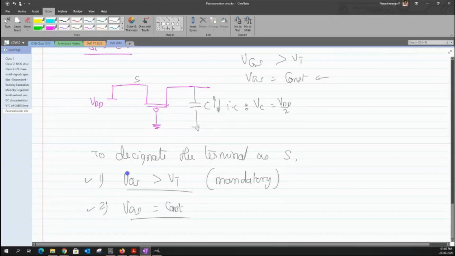Here I have a value of VGS equal to minus VDD, and this value is more negative than the negative value of VTP. So I can satisfy this condition, due to which my transistor is on, and the value of VGS is held constant. Choosing the left terminal satisfies both conditions, rather than choosing the right one.